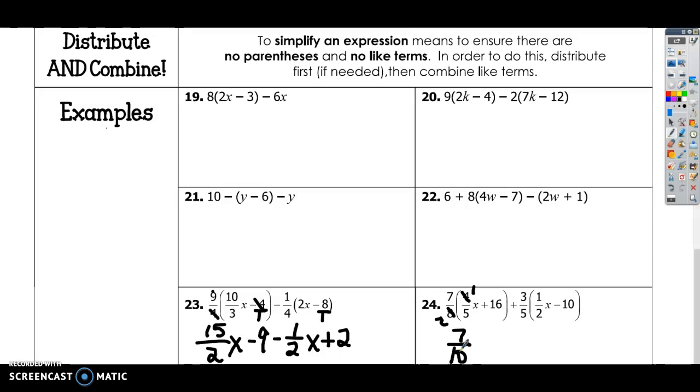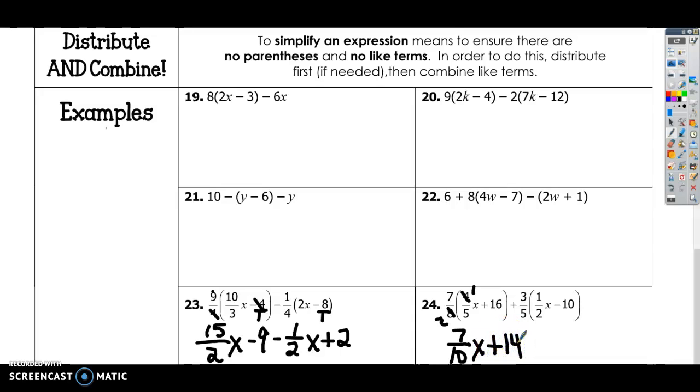So my fraction is 7 over 10. Again, bring down my x. And then I still got 7/8 times 16. So 16 over 8 becomes a 2, and then 2 times 7 is plus 14.